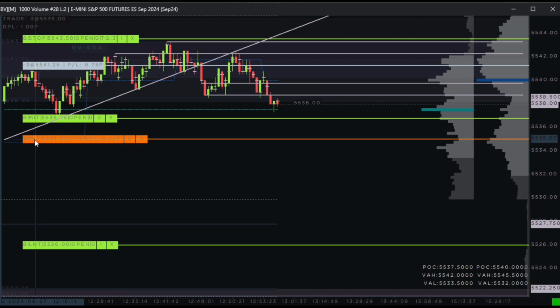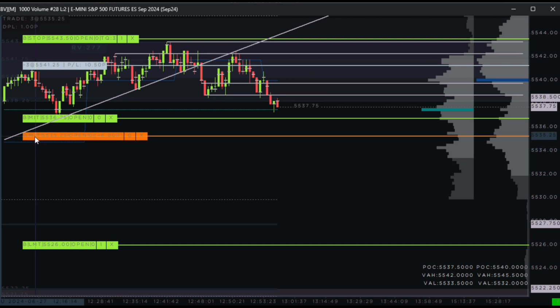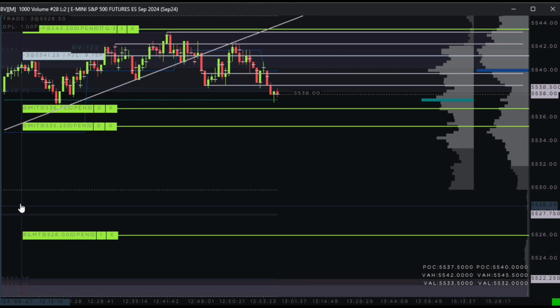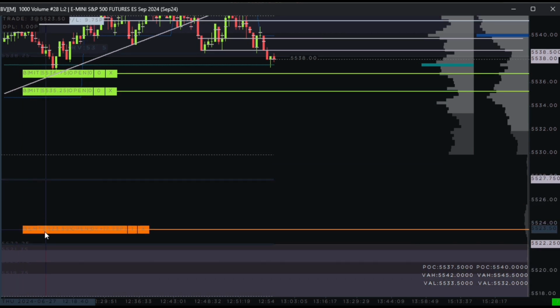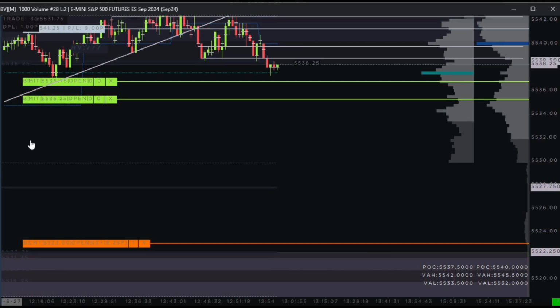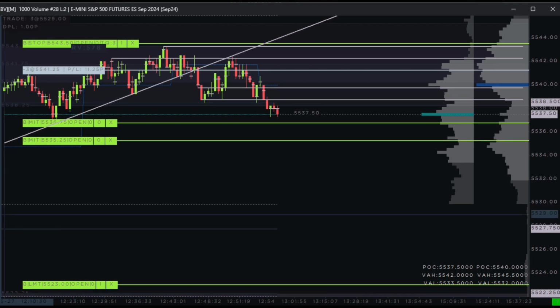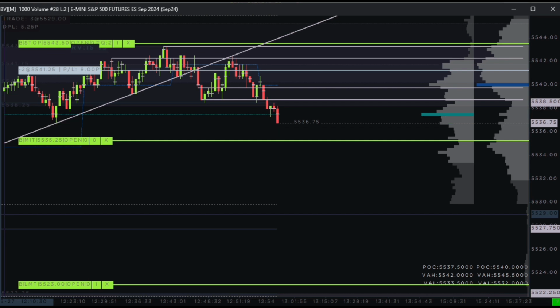And here I'm moving the third profit target on the third contract a little bit higher, considering that I think there's only a couple minutes now left in the day. And so I put it just at that small little HVN there on the session profile.